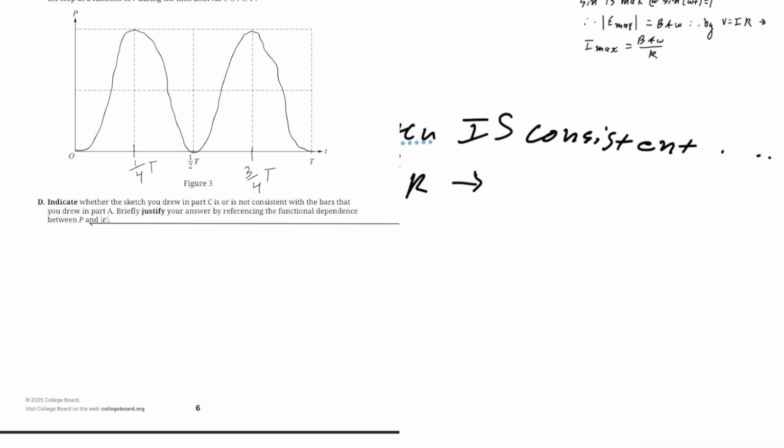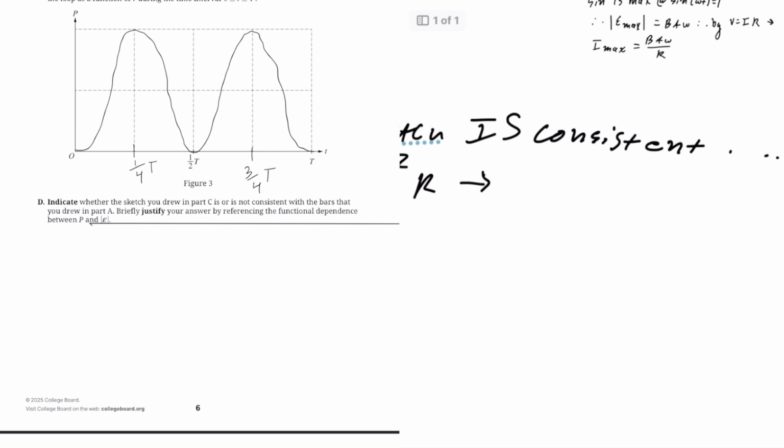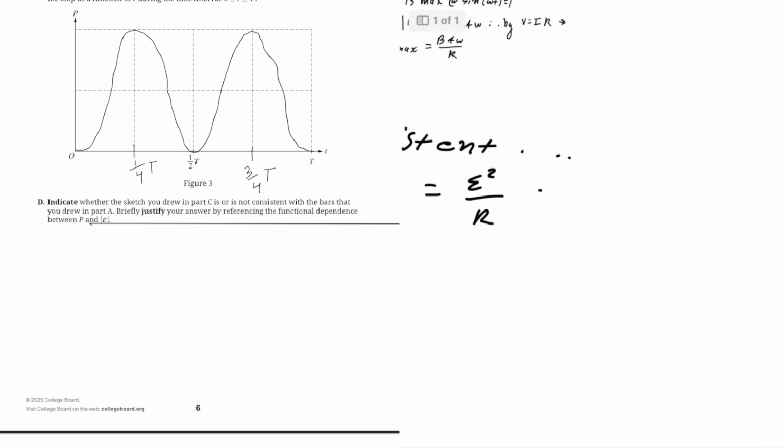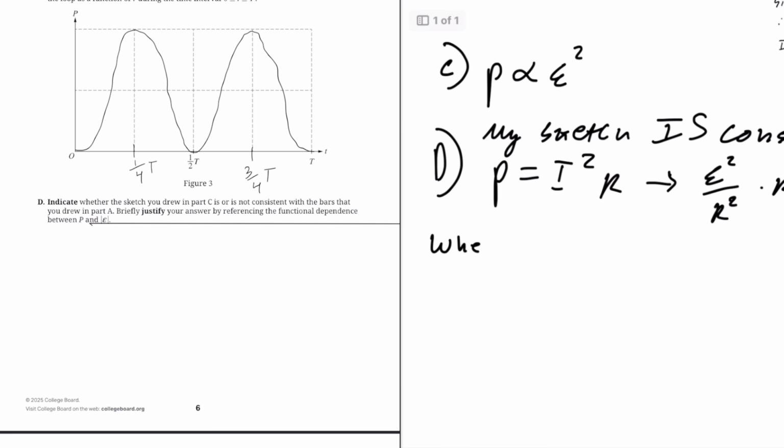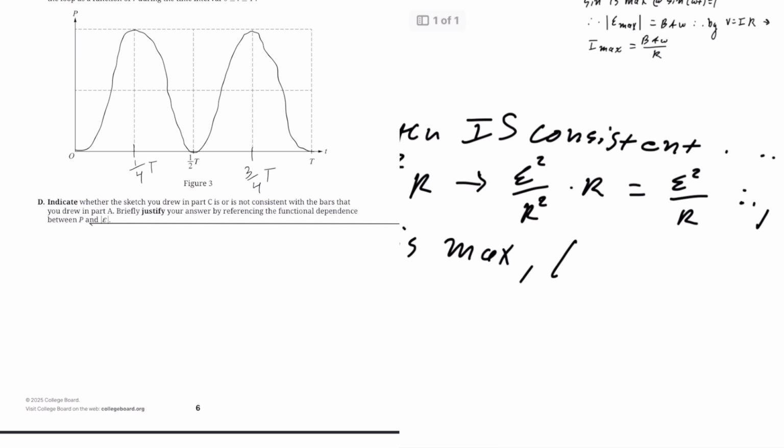My sketch is consistent with the graph I drew in part C because P is equal to I squared over R, which is equal to this squared over R squared times R, which is equal to this squared over R. Therefore, P is proportional to this squared. So now we need to think: when this is max, or just this, because if it's squared, when the squared is max, the regular function will also max.